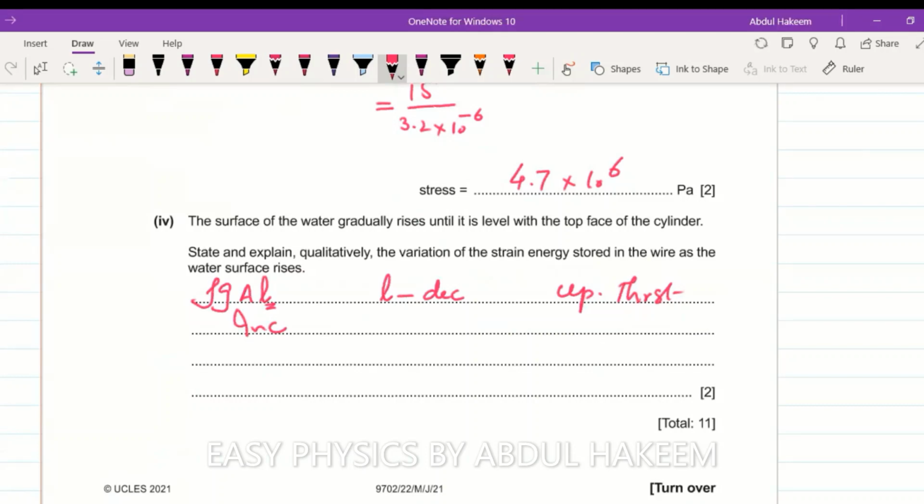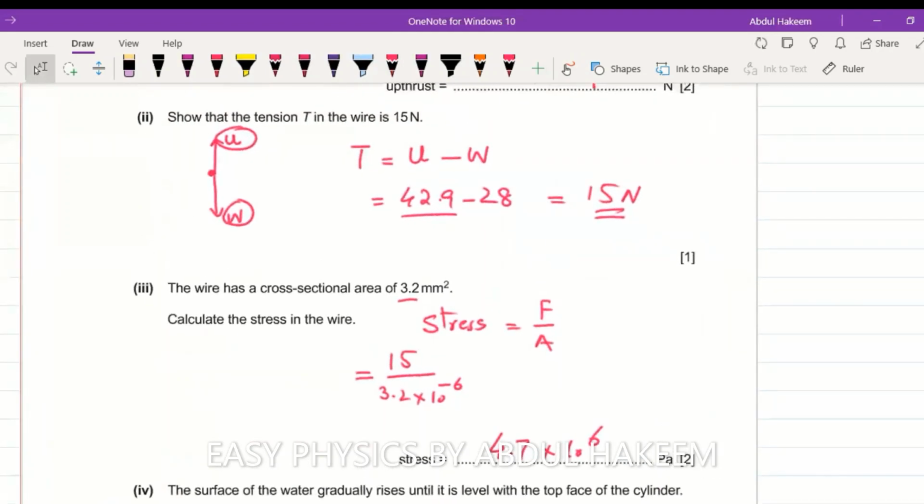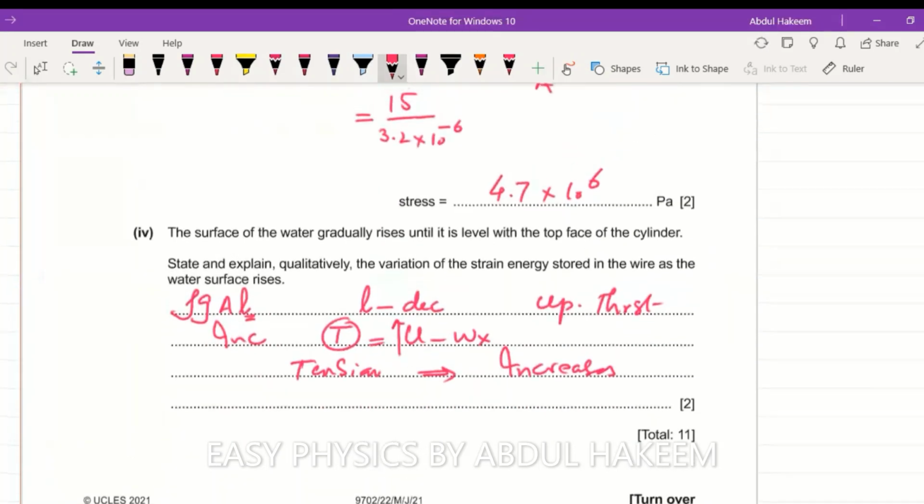When the upthrust increases, weight is the same, then the difference of these two, which is the tension, upthrust minus weight. This weight is constant, upthrust increasing, so the answer of this tension is also increasing. Hence, the tension in the wire increases. So this is question number 1.